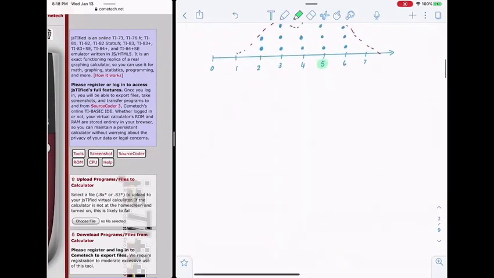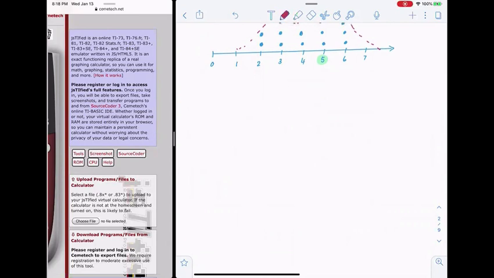So I'm going to use a stem and leaf plot both for discrete as well as continuous, even though it is commonly used for discrete data.